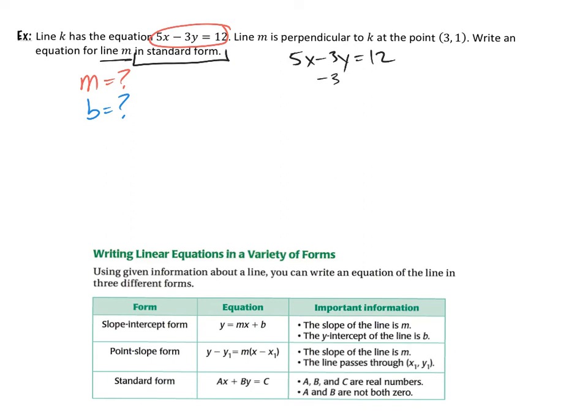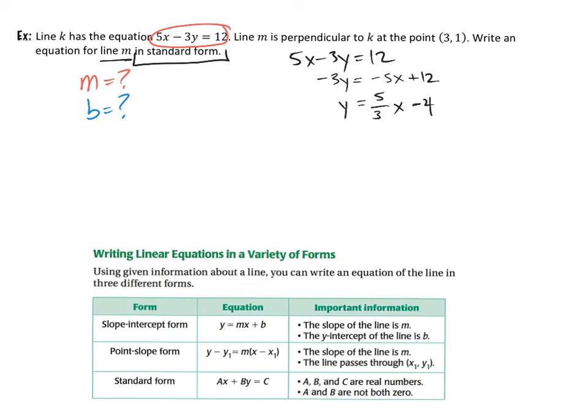So I will have negative 3y equals negative 5x plus 12. And then I'm going to divide both sides by negative 3. So when I do that, I have to divide the entire right-hand side by negative 3. So negative 5 divided by negative 3 is a positive 5/3 x. And then 12 divided by negative 3 is a negative 4.